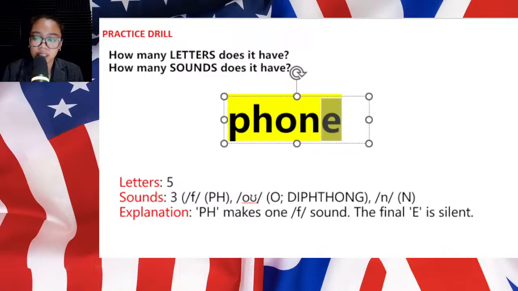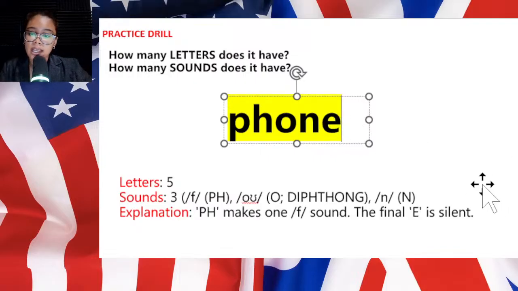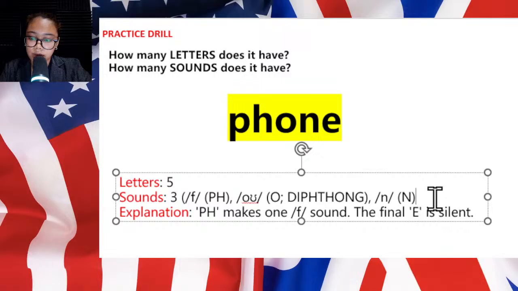So we do not say phony. We don't say phone-y. The E at the end influences the vowel before, but it doesn't make its own sound. So again, in phone, the letter E is a silent letter.